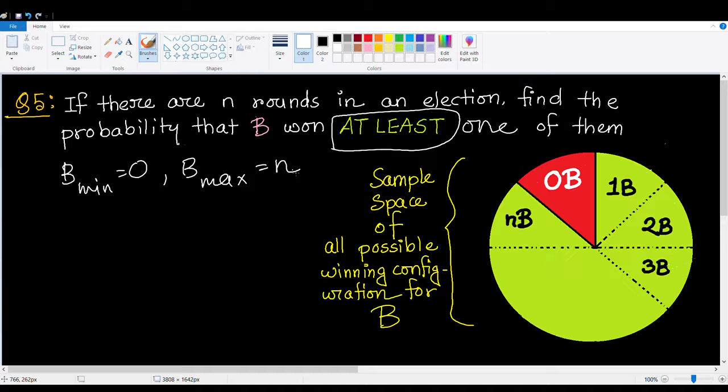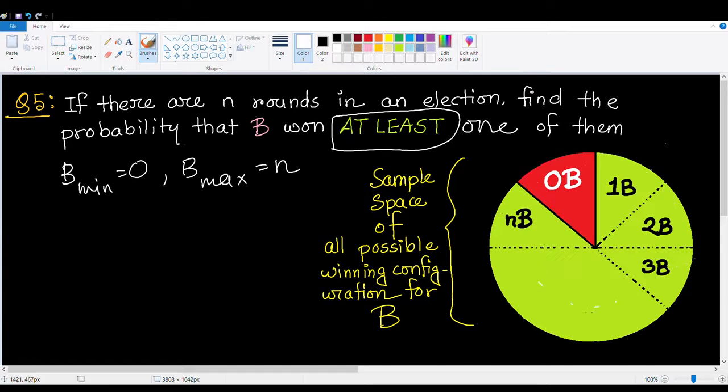So all possible configurations fit in here. Therefore, this is the sample space. Now, we are interested in finding the probability of the event represented by the green region, where B is at least 1. 1B represents that B won one round, 2B represents that B won two, and so on.